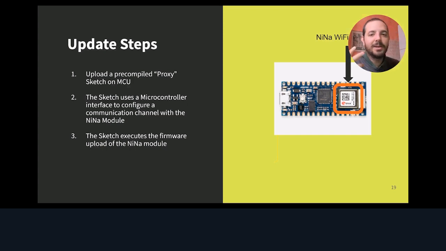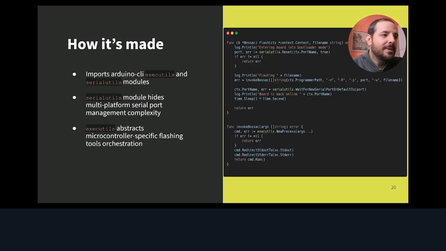So we enable this communication in the first stage, and then in the second stage, the sketch executes a firmware upload on the other part, on the other chip, on the Nina module. And obviously it's not that easy, it's a multiple step thing, and we super simplified everything by using the CLI as a bunch of modules.